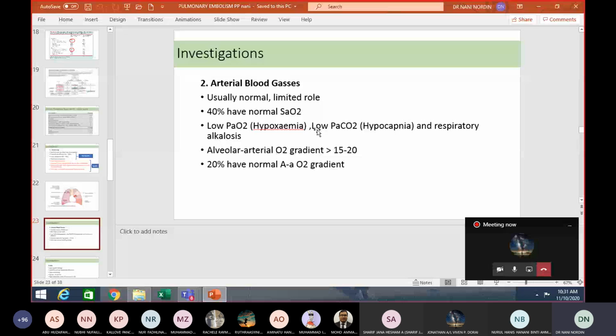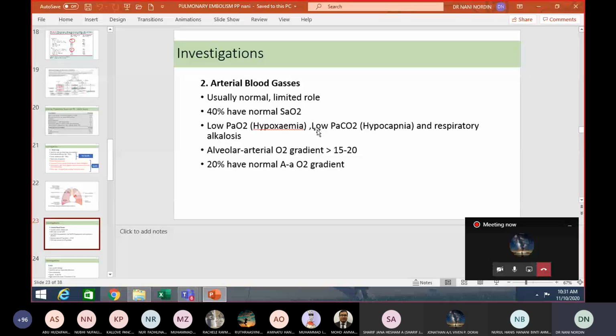But usually again it is normal, because you have hypoxia and the patient is compensating for that. The body can still compensate for the hypoxia. So you have dyspnea and all that in order to compensate for the hypoxia. So most of the time it's normal.